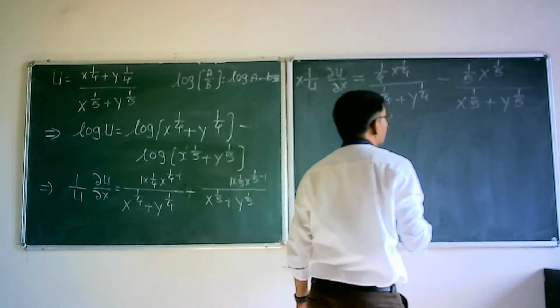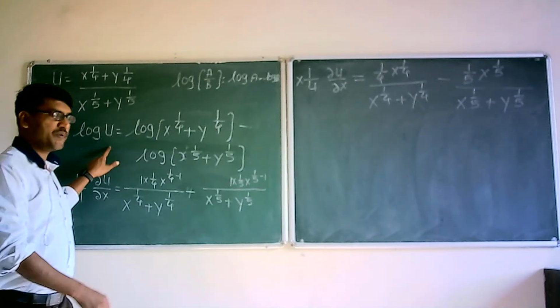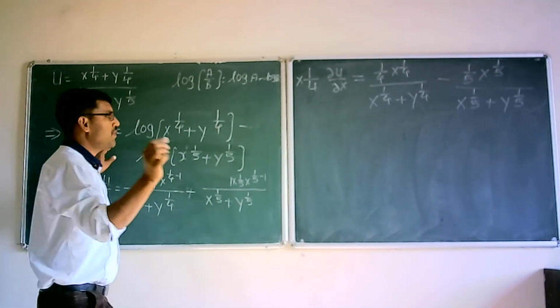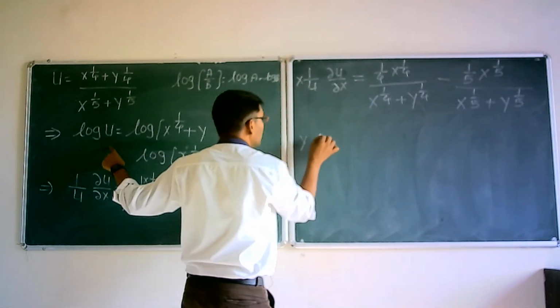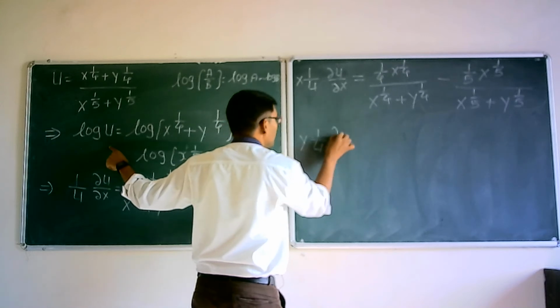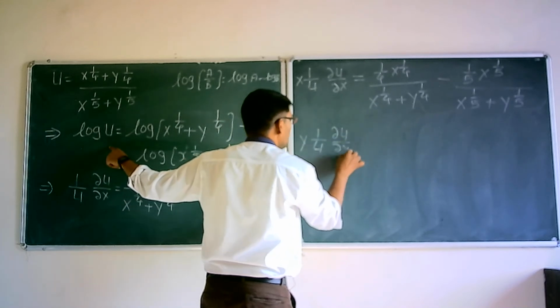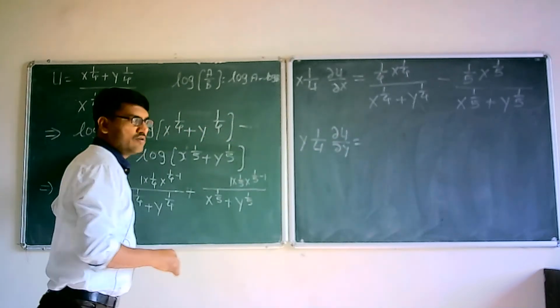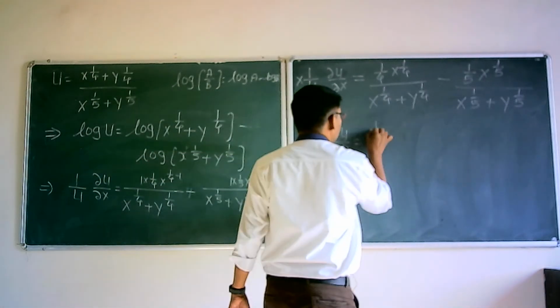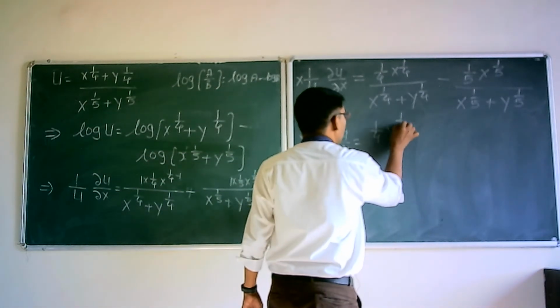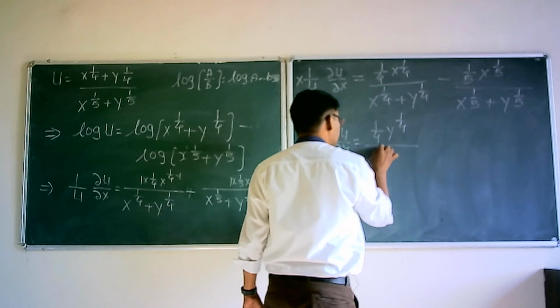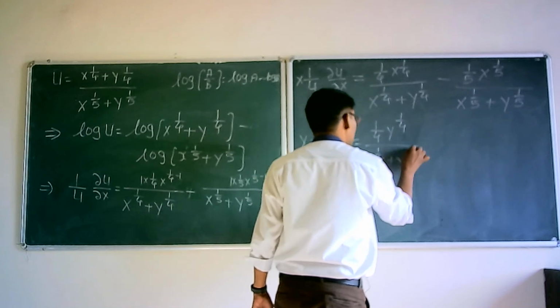Similarly, if you differentiate this equation with respect to y and multiply it by y, then it is 1 by y, 1 upon u del u by del y is equal to 1 by 4 y raised to 1 by 4 divided by x raised to 1 by 4 plus y.